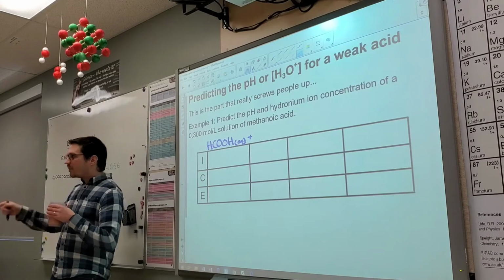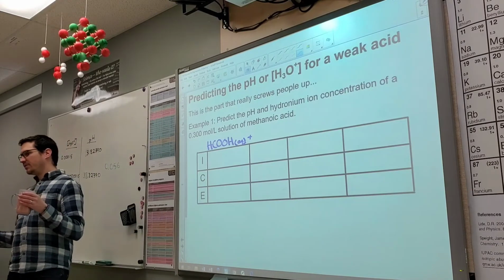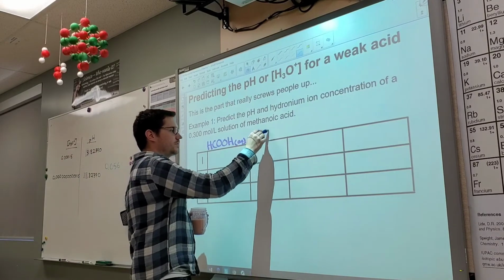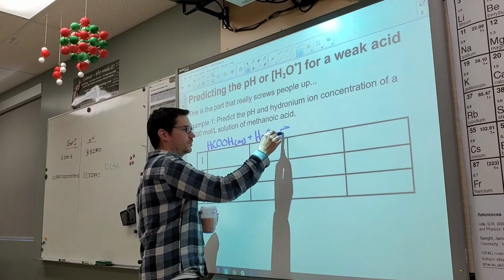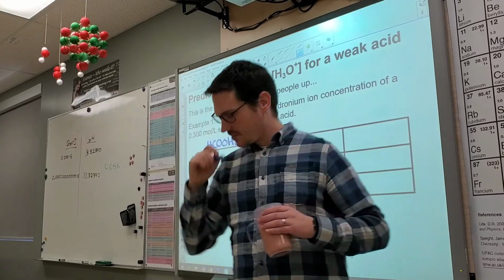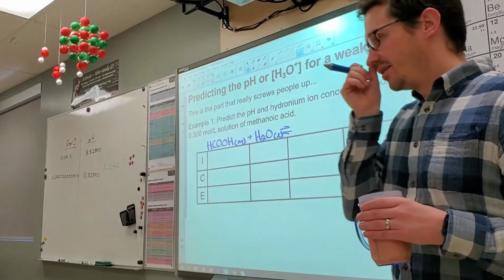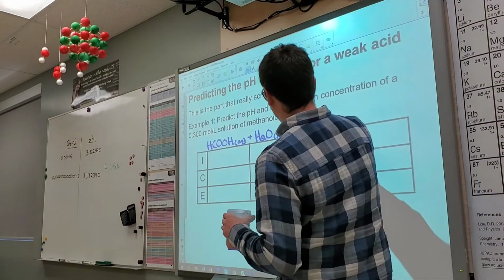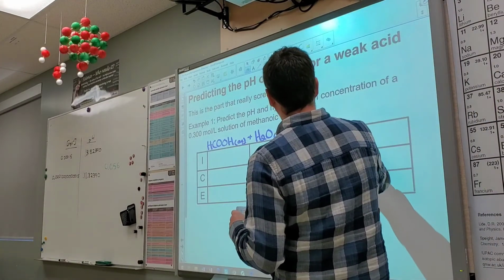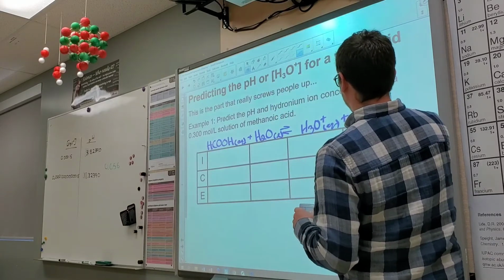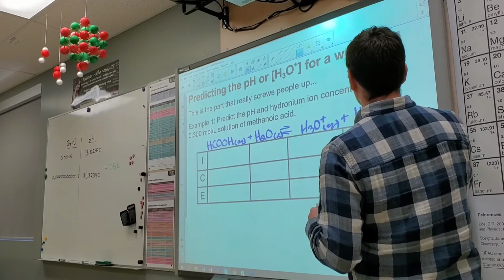When I add methanoic acid to water, what's the only other thing it can react with? H2O. What do acids always make in water? Hydronium and whatever the conjugate base is, HCOO minus.